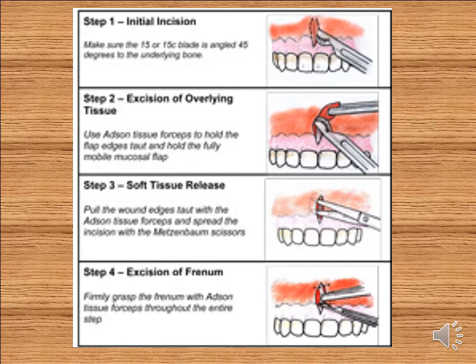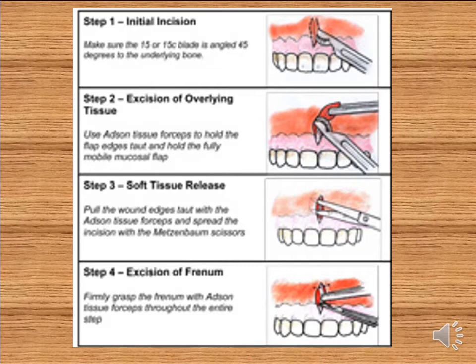The steps for this technique: first step, initial incision. We make an incision 1.5 centimeters long, at an angle of 45 degrees to the underlying bone. Then excision of the overlying tissue.